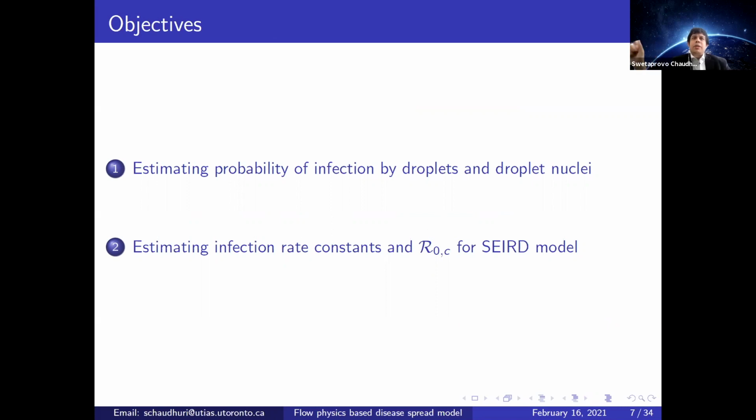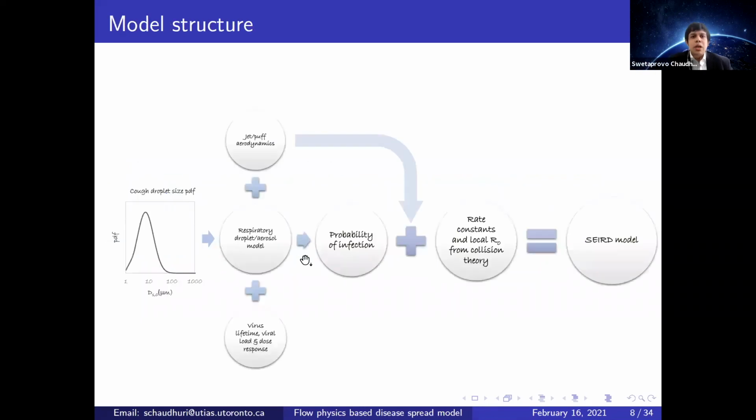And once we can identify the probability of infection, can we estimate the infection rate constants and the corresponding basic reproduction number that can be used in a SEIRD model? Okay. Now, the probability of infection and the rate constants are not the same thing. The probability of infection goes into these rate constants, as we will show.